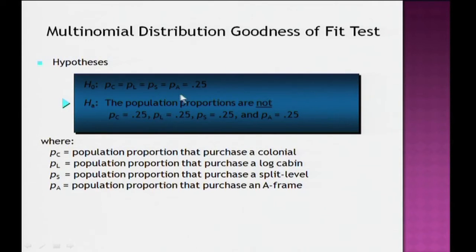When they are equal, there are 4 categories, total is 100%, so each proportion should be 0.25. Then the alternative would be that the population proportions are not equal. C is for colonial, L for log cabin, then split level and A-frame. In this way we can define the null hypothesis and alternative hypothesis.